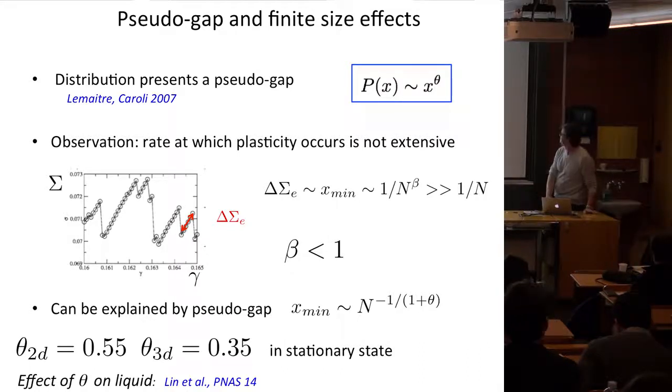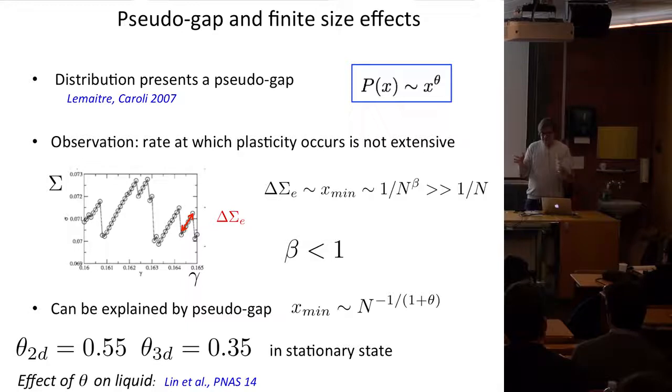All right, so what was this thing? Okay, and the observation that was made, Lemaitre, Caroli, but there is also Procaccia and others, and Lerner. So they made the following, I can phrase it like that.